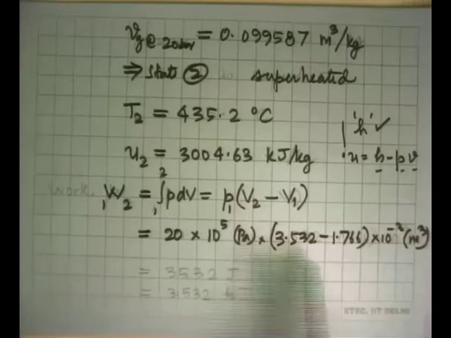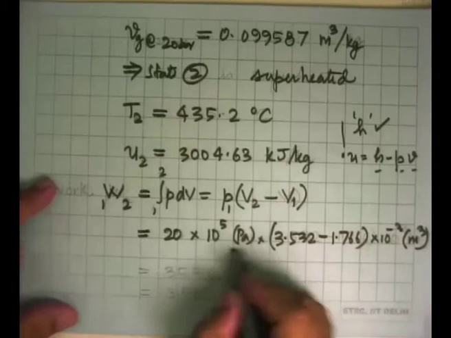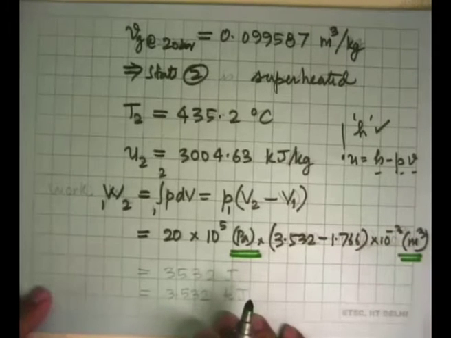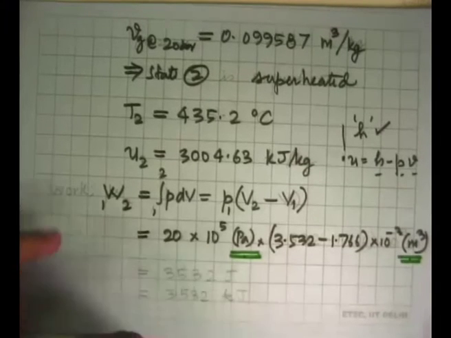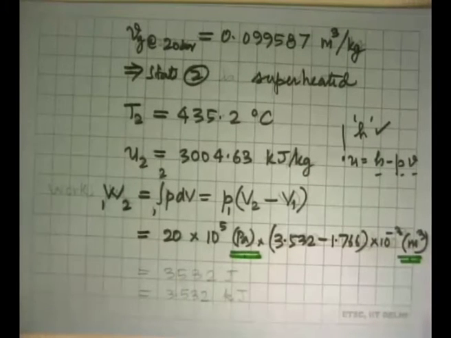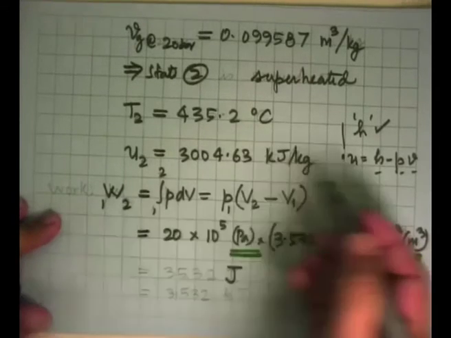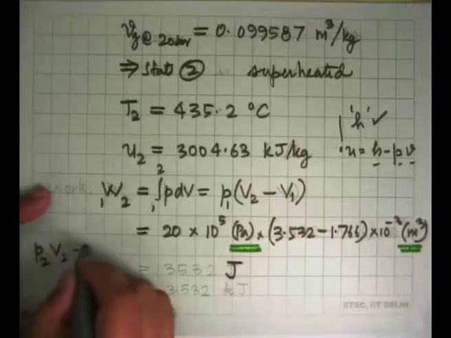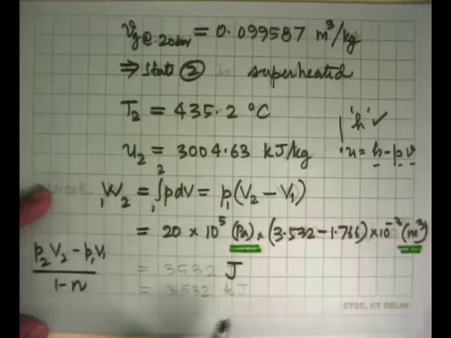I am writing the units at every step, so please keep that in mind, because quite often people go off when they mix units. When we use Pascal and meter cube, the answer will be in joules. If it was a polytropic process, this would have worked out to be P2 V2 minus P1 V1 upon 1 minus n.